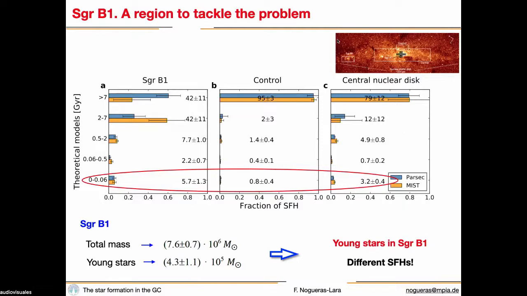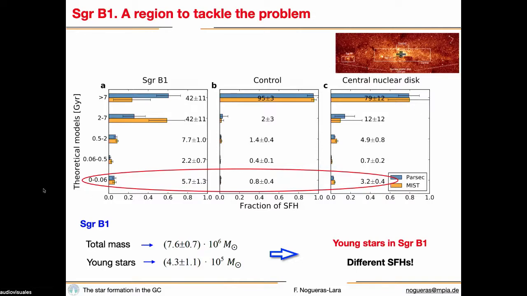The first one is Sagittarius B1, the A panel. Then the B is a control region in the central region of the nuclear stellar disk. And then the C is exactly the same region that we studied in the other paper that we published, but now we used again all these young models to know whether the results change or not.